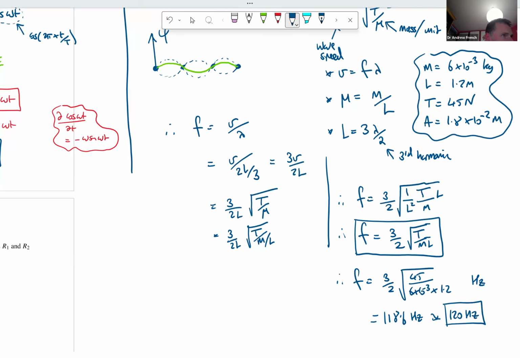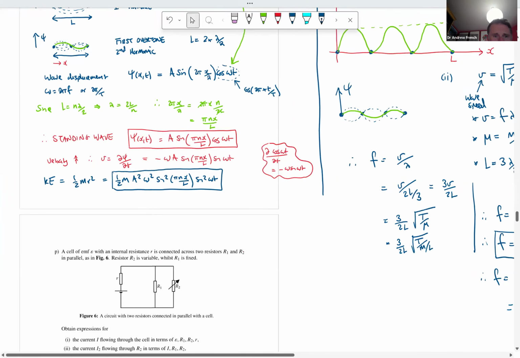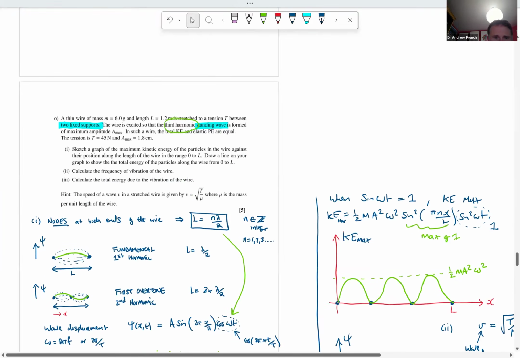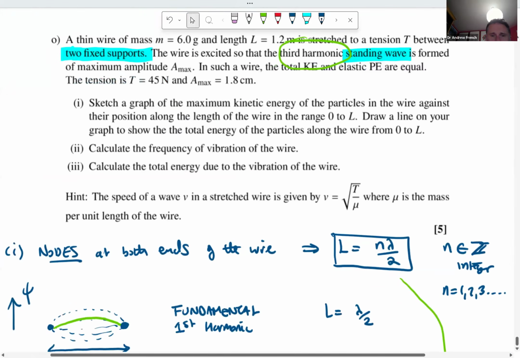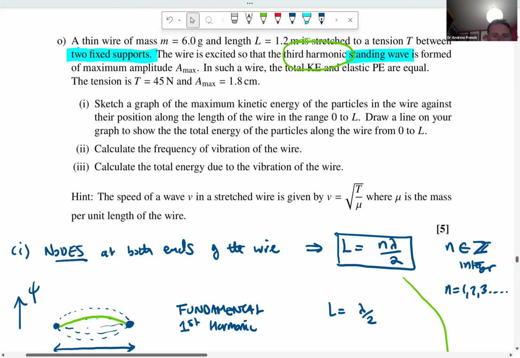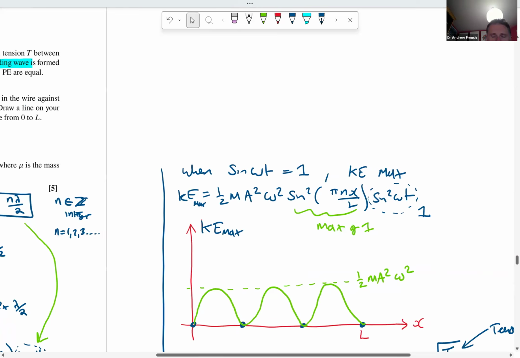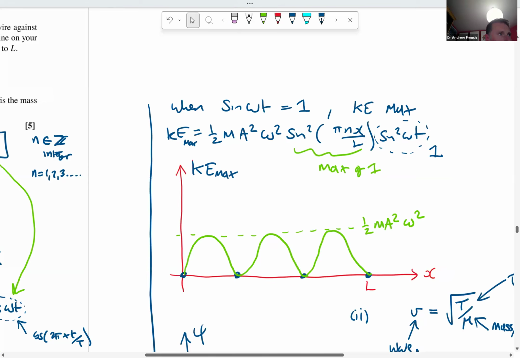Right. Okay, and now all we need to do is find the total energy, and it's the average. So careful with this one. Let's just look at our question at the top. Good. So the total energy due to the vibration of the wire. What we want to do is look at our kinetic energy here.